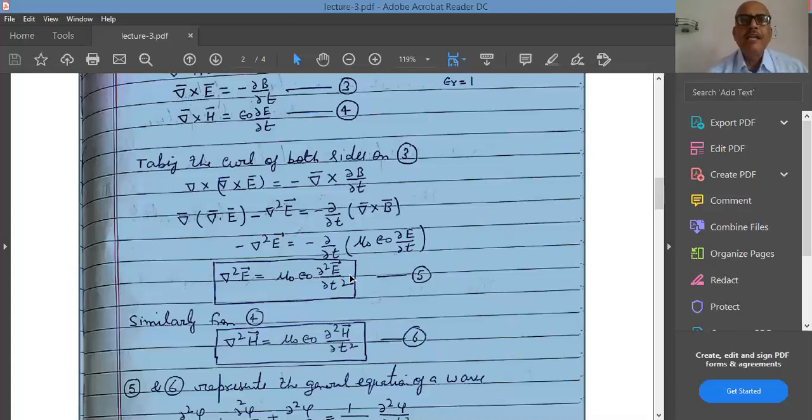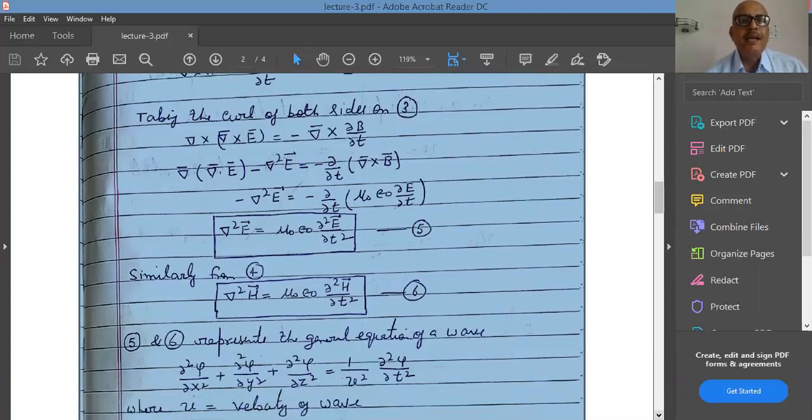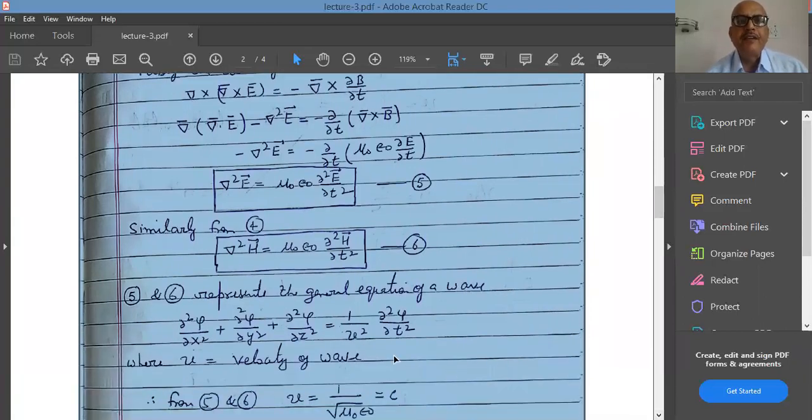So if you look at equations number 5 and 6, they are similar to the differential equation of wave motion. In fact, the general differential wave equation is del square psi over del x square plus del square psi over del y square plus del square psi over del z square is 1 over v square del square psi over del t square, where v is the velocity of light.